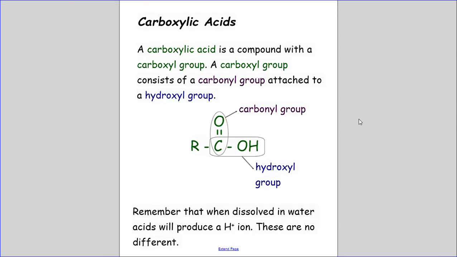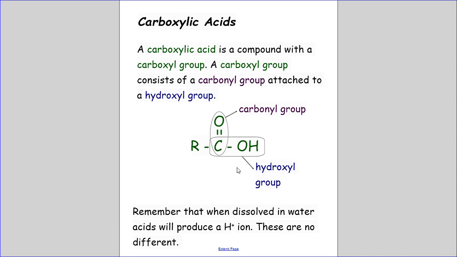So next in this carbonyl chain we have carboxylic acids. They're compounds with a carboxyl group in them, and a carboxyl group consists of a carbonyl group attached to a hydroxyl group. So you can see here that we have our carbon chain, double bonded oxygen, but we have this OH coming off the side.